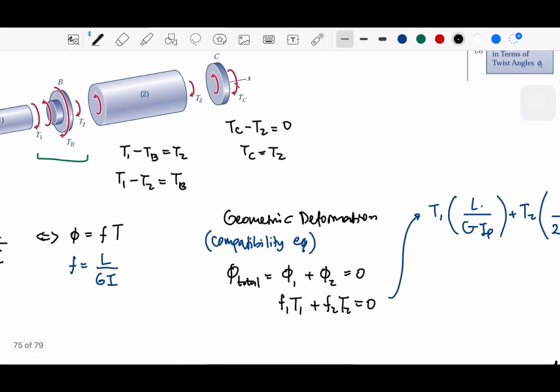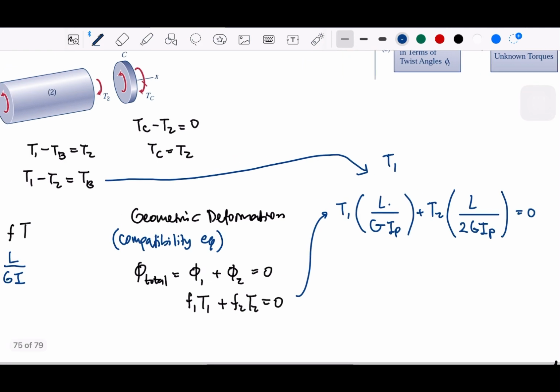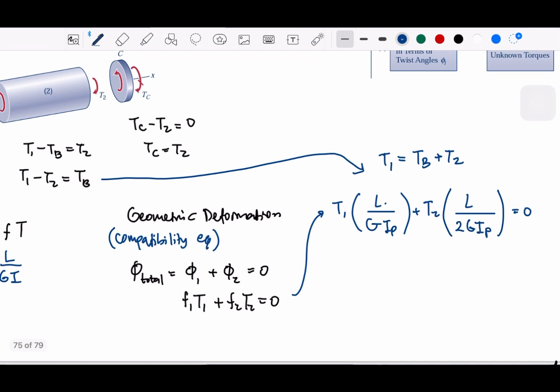Let me write from here to get the result. T1 is equal to TB plus 2 T2, and here I think we can cancel this part.